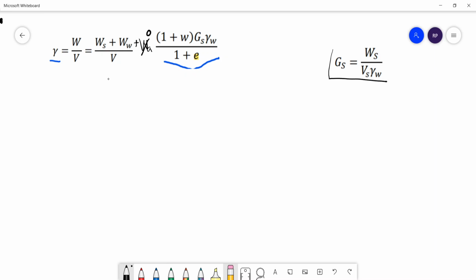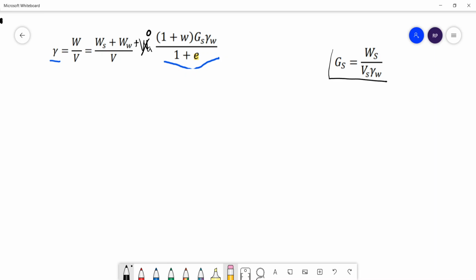So yung goal natin is to make the equation of moist unit weight in terms of your moisture content, specific gravity, unit weight of water, and also your void ratio. So kailangan nating eliminate yung mga wala sa equation, which is your total weight of soil solids, total weight of water, and also your volume.